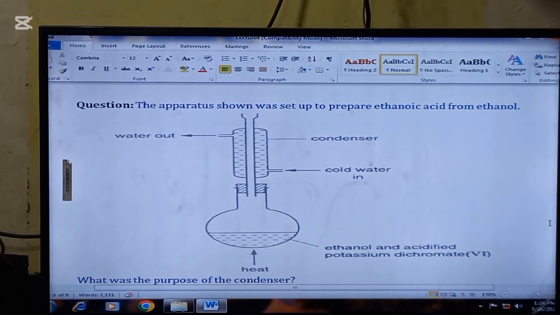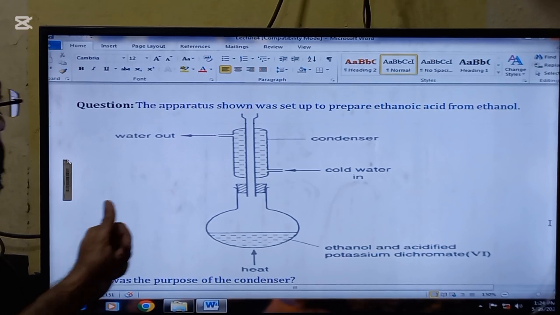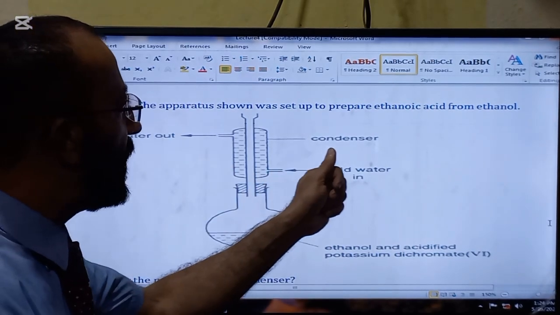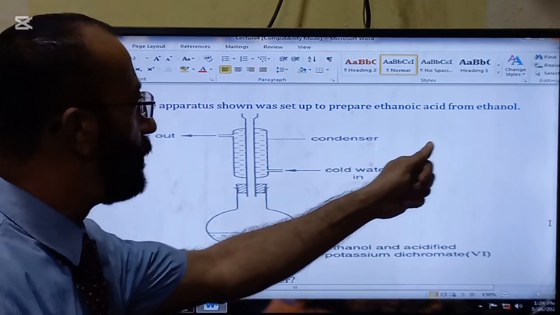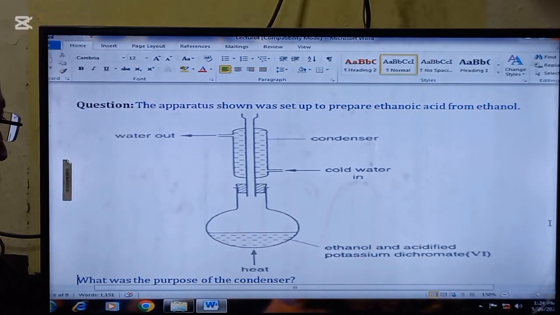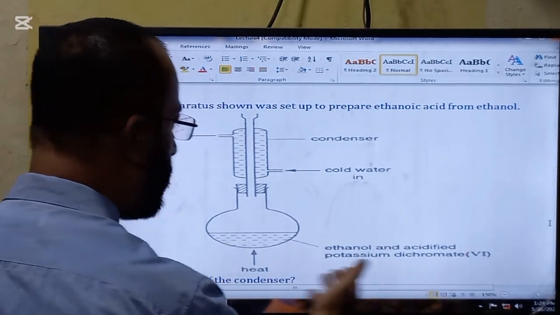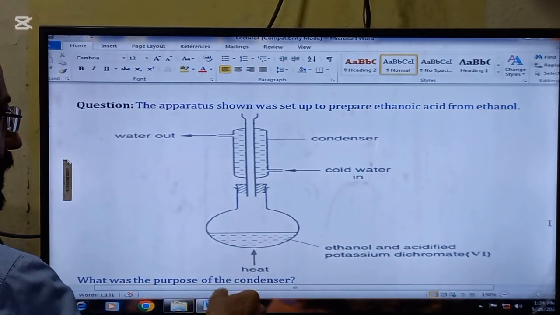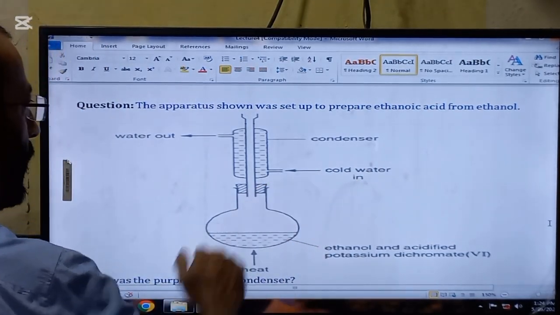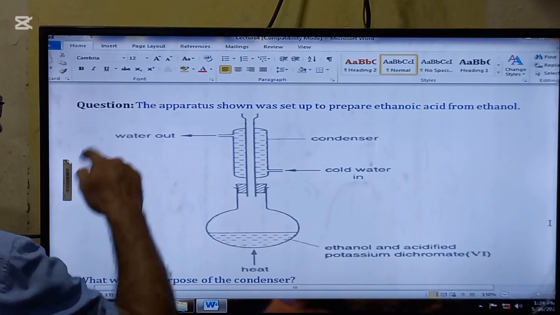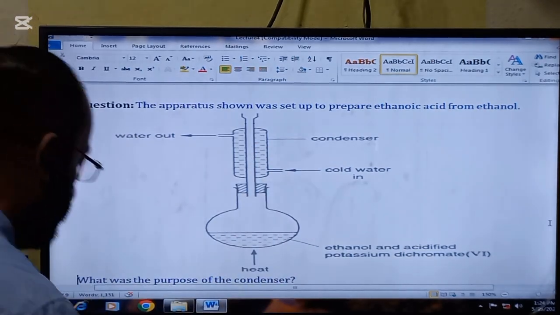Here is a question. The apparatus shown was set up to prepare ethanoic acid from ethanol. Here is ethanol and acidified potassium dichromate. It is heated. Here is cold water in. Here is water out. Here is the condenser.